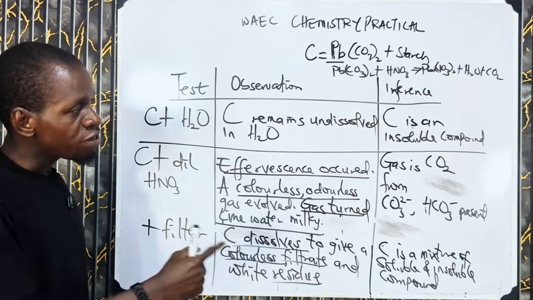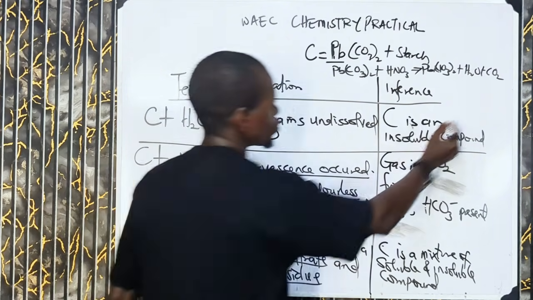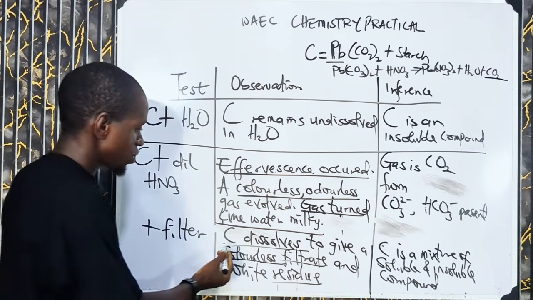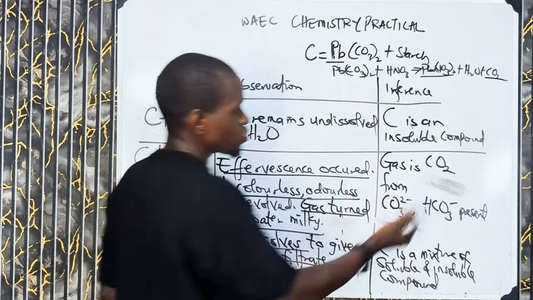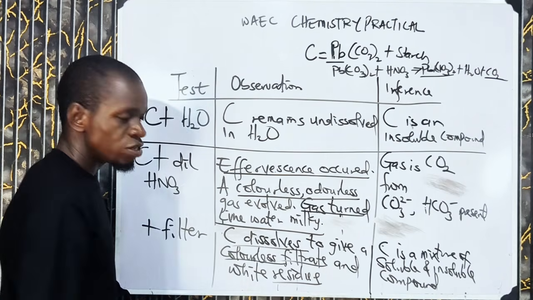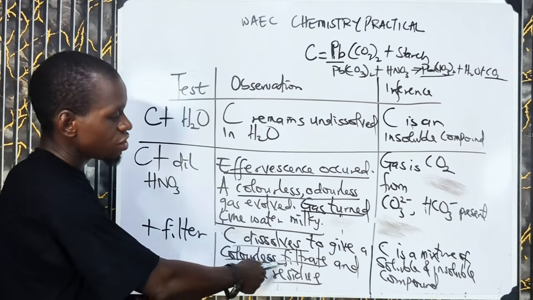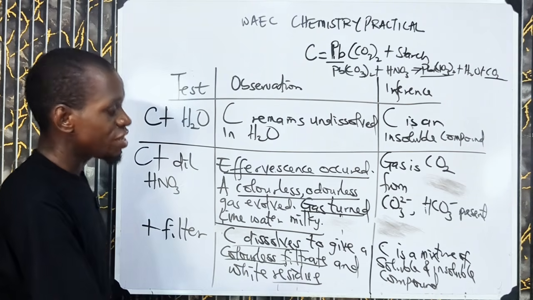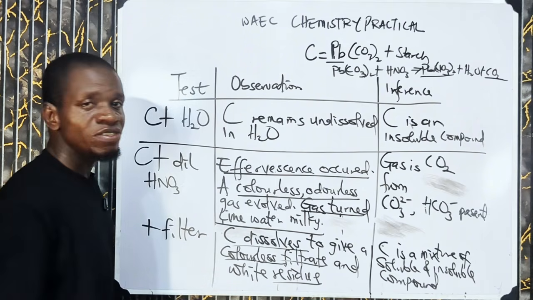So lead nitrate is formed, and we have water, and carbon 4 oxide is given off. We have taken note of this carbon 4 oxide as the effervescence. This lead nitrate is soluble in water, which is why I say it dissolves, and it gave you the colorless filtrate. But the one that gave you the white residue is the starch.